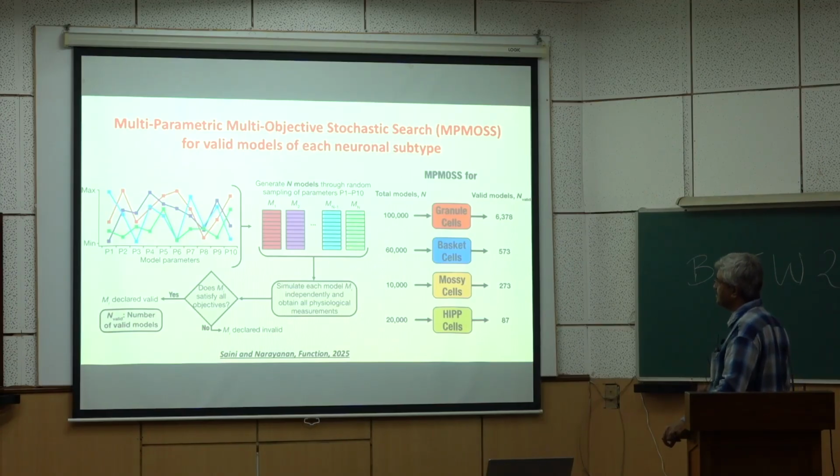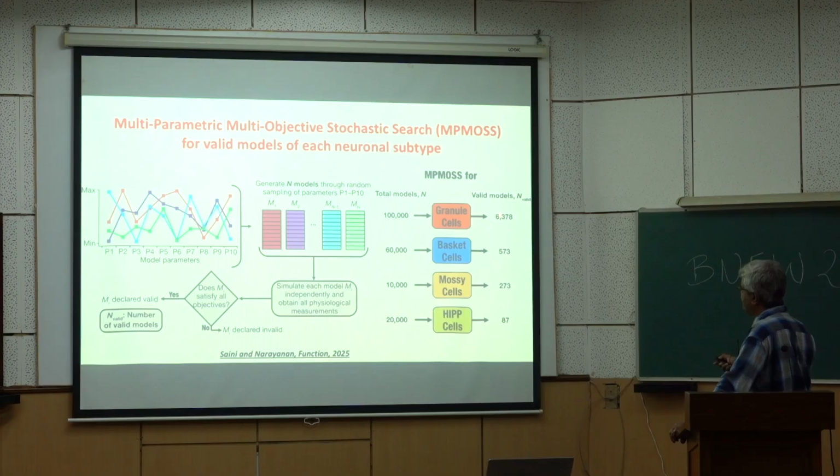So 10 different parameters, generated 100,000 models of granule cells, and asked how many of those granule cells would match all the objectives for granule cells, and he found a very small percentage of them, 6,378, and so on and so forth.